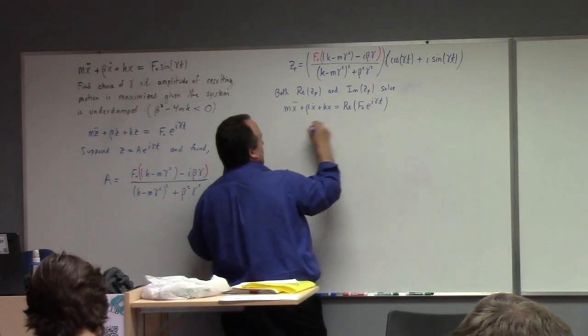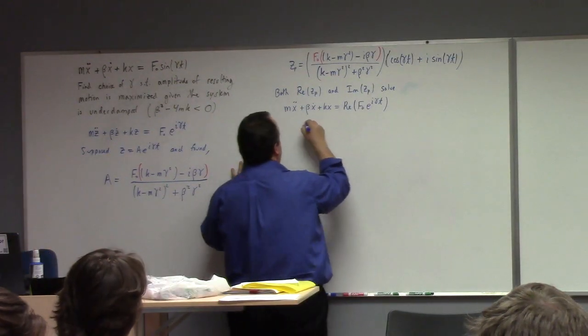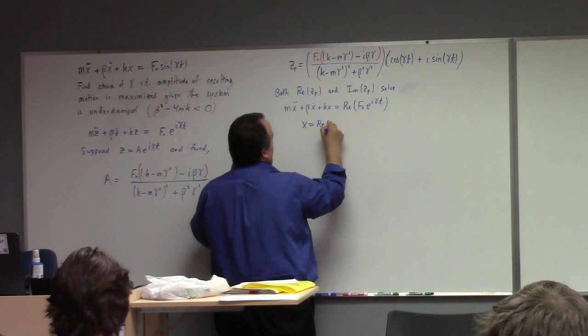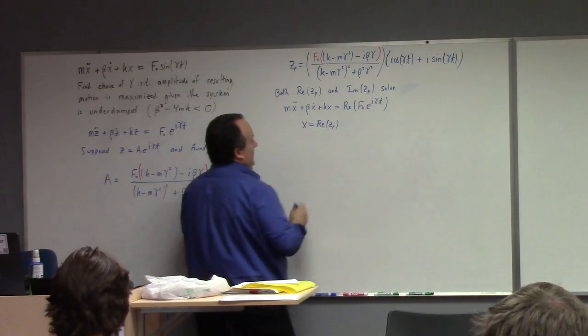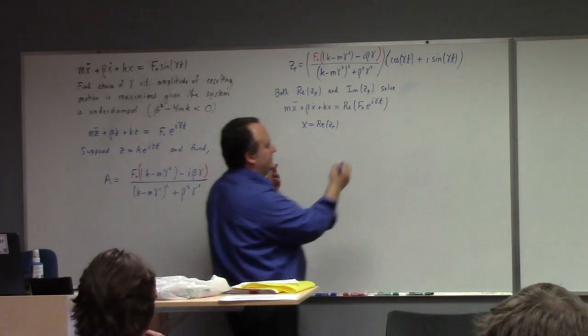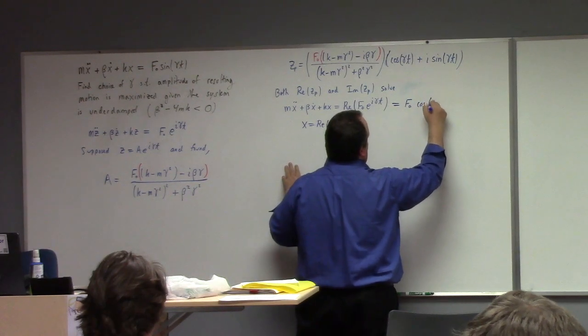And so x equals the real part of z solves this one. Now, what is the real part of f naught e to the i gamma t? Well, it's just f naught cosine gamma t, right?